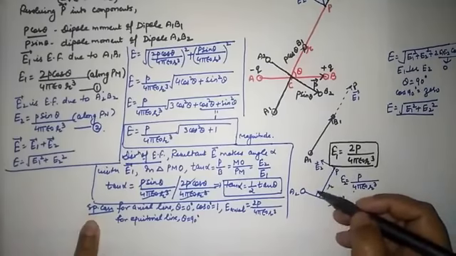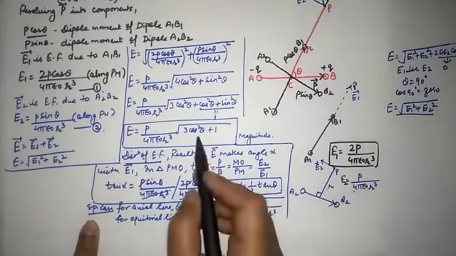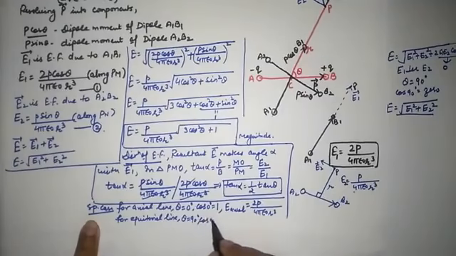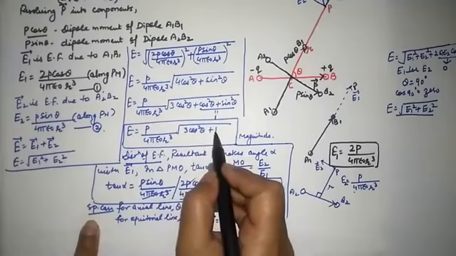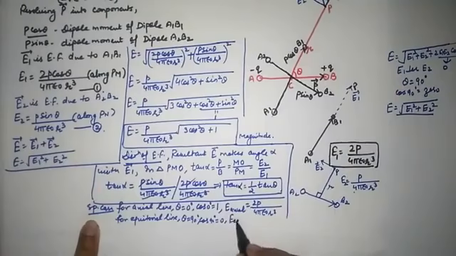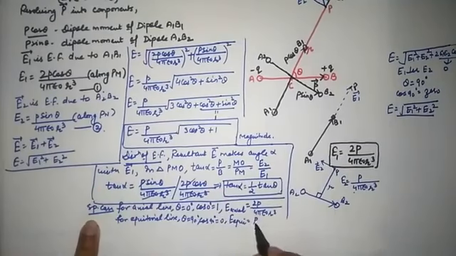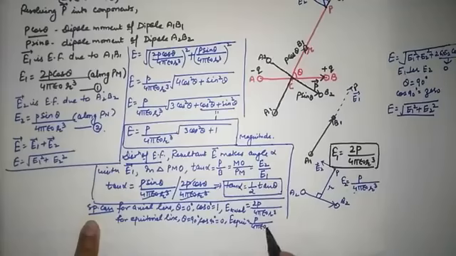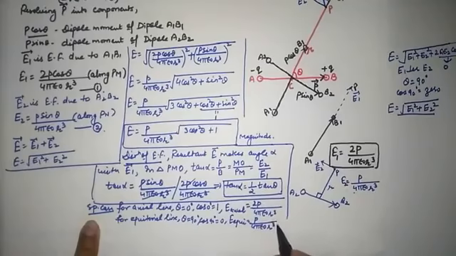This angle is theta, that is 90. Cos 90 is 0. So in this expression, this term will become 0. Here we have 1, square root of 1 is 1. 1 multiplied by any number is that number. So we get E equatorial is equal to p upon 4 pi epsilon naught r cube.